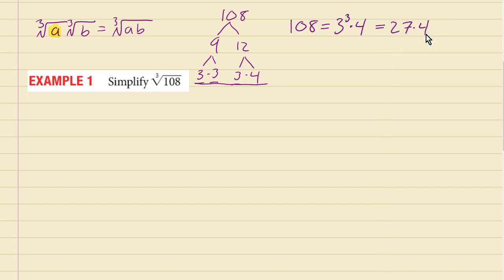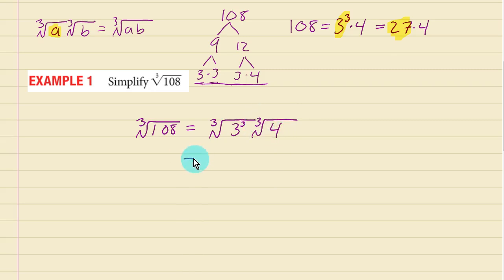So that's what we're going to do, is try to make it so the a here is the 3 cubed, also known as 27. So we can say the cube root of 108 is the same thing as the cube root of 3 cubed times the cube root of 4.